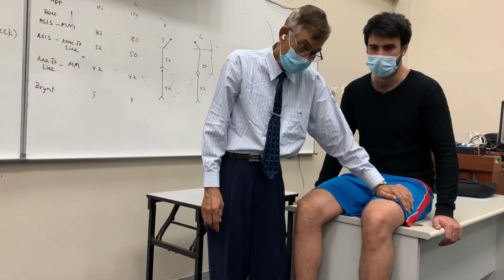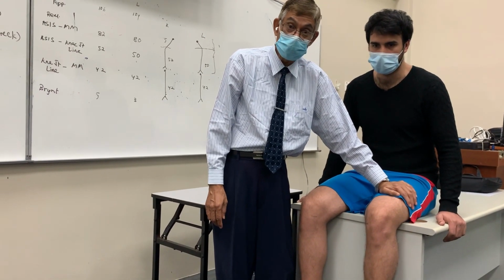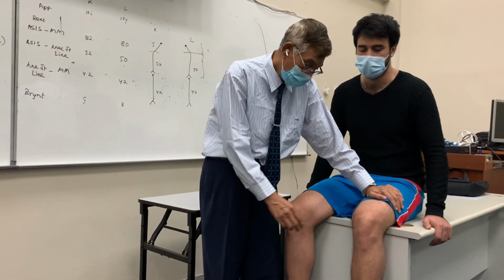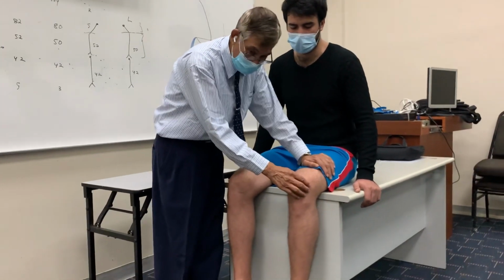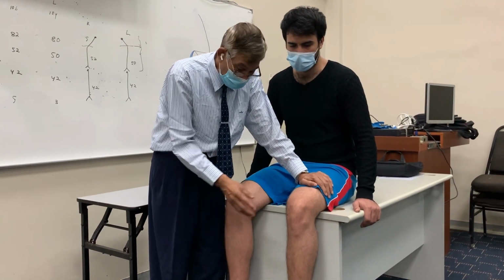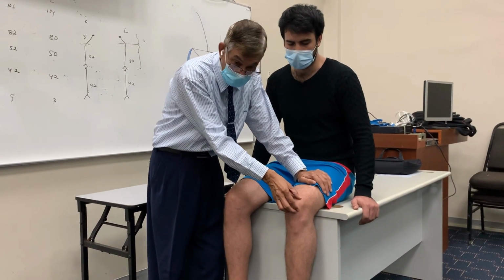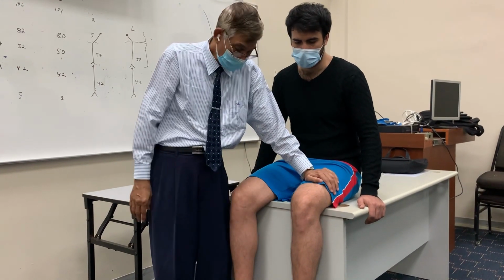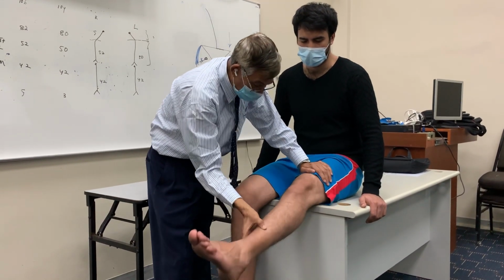It is called lateral dislocation of the patella. In recurrent lateral dislocation, the patella goes outwards. So the patella pathway is going out. So now you have to check the patella pathway.